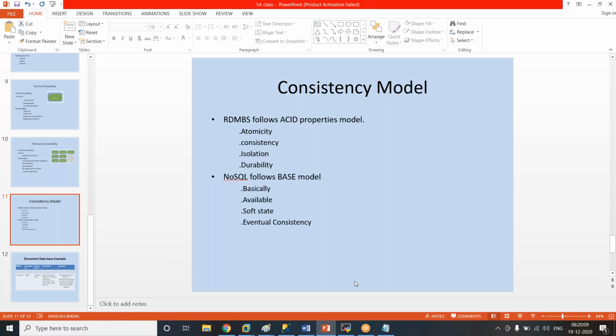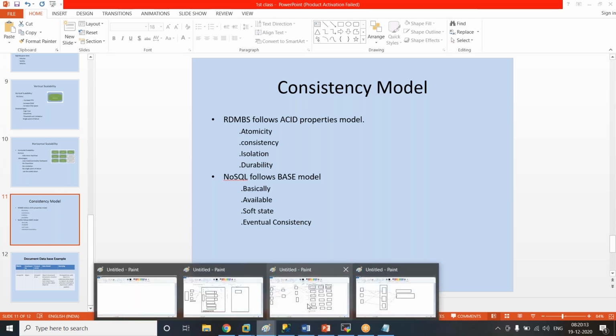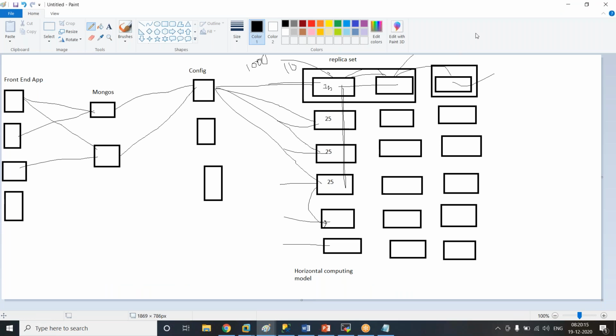And you showed the architecture for Mongo, that 4 or 5 servers are there and storage is divided, like 250, 250. Suppose we have 4 servers and storage is divided by 250 each. Correct? That's correct.